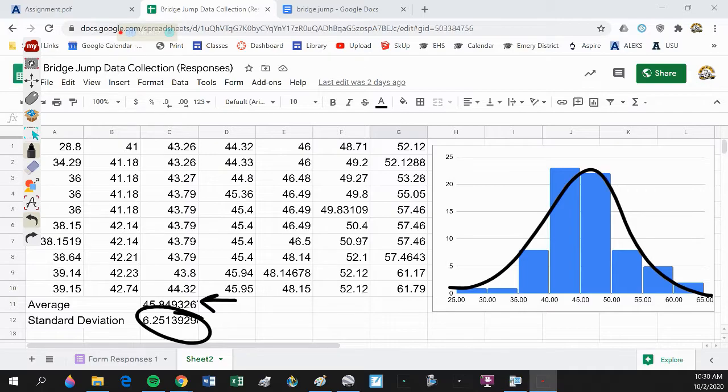We take every height, figure out how far it is away from the average. We take all those numbers and we square them and we add them up and take the average, and then we take the square root. So the standard deviation is the average distance from the average. So all of your scores, on average, are 6.25 feet away from 45.8.